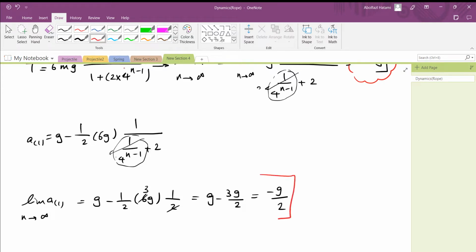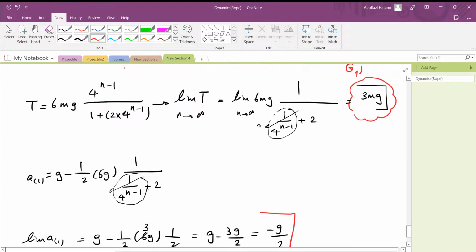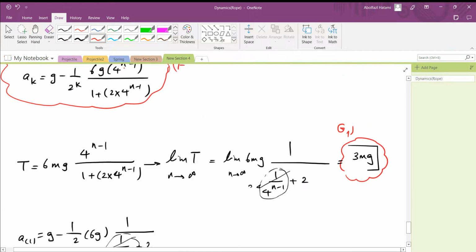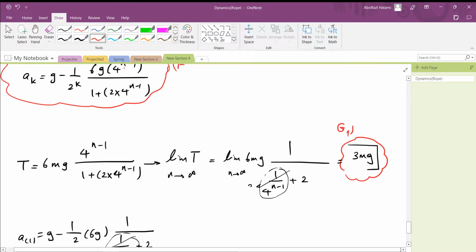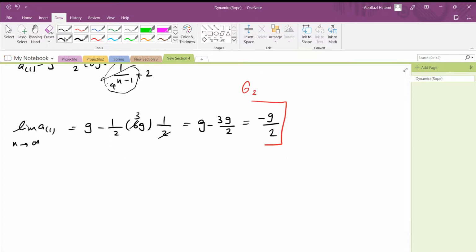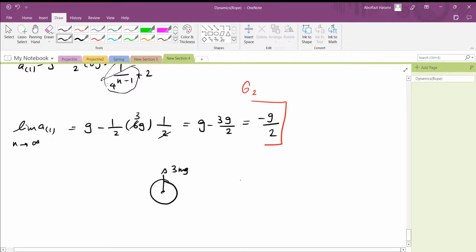This is compatible with what we thought about this acceleration, while our tension is something like this. Consider the first pulley, where we have a tension 3mg, and we also found out that the tension here is half of the tension here.